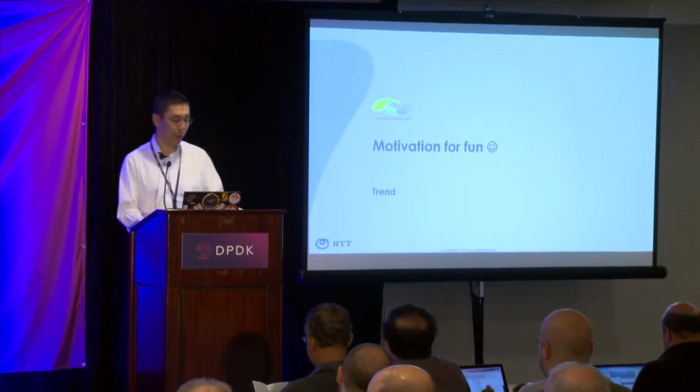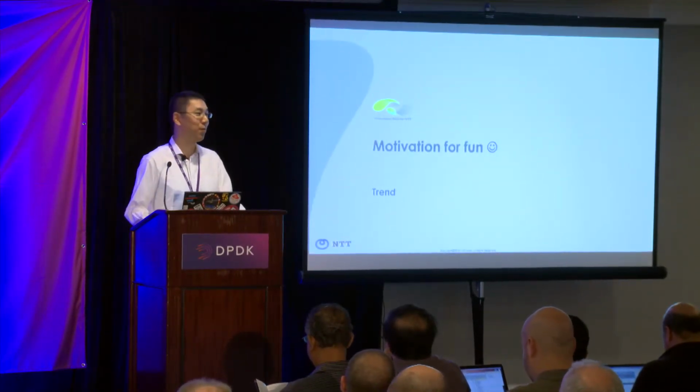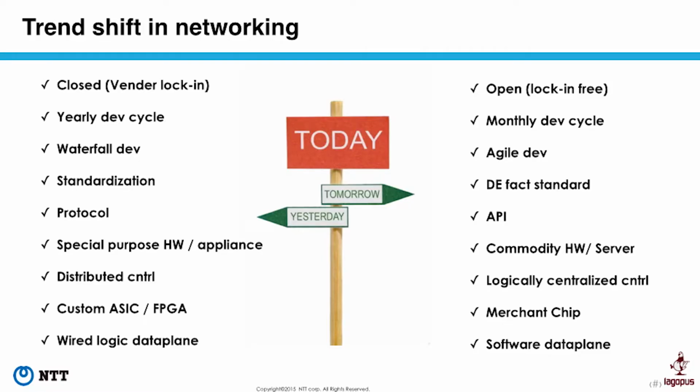Okay, let's move to our motivation. We are at a big changing point from legacy to future networking. For example, the legacy system is usually special hardware-based, and it is difficult to extend capability or functionality for our demand.